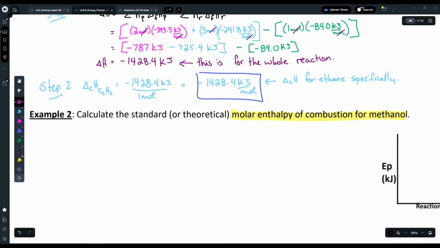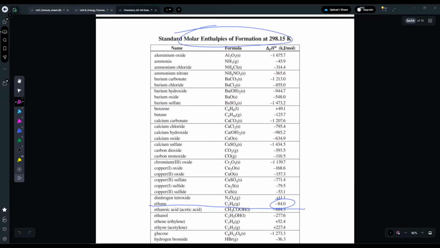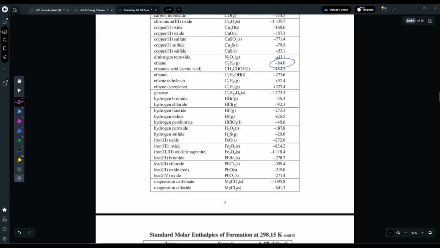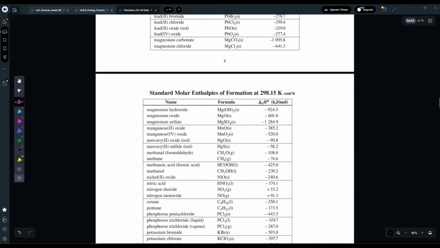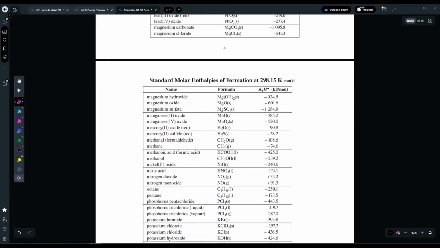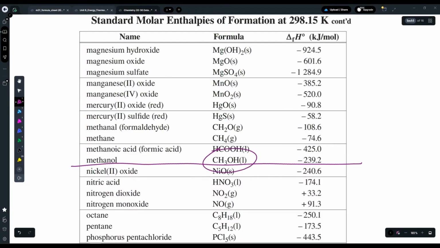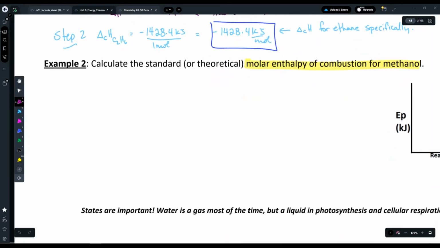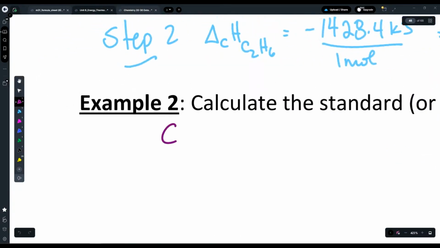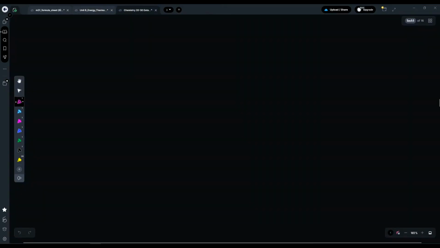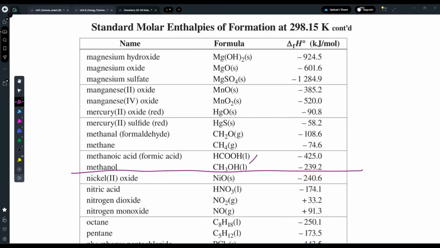Methanol, if you want to look that up, we are going to find on page 5 right here. Methanol is CH3OH, and the state of that is liquid.